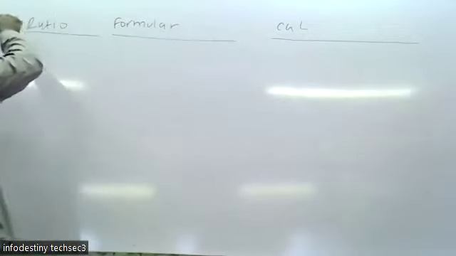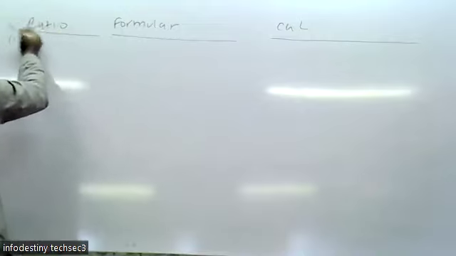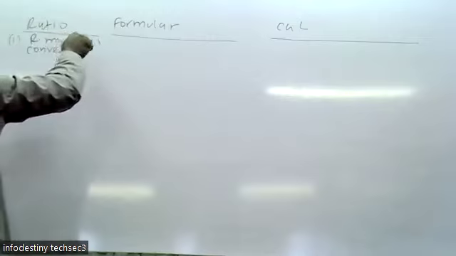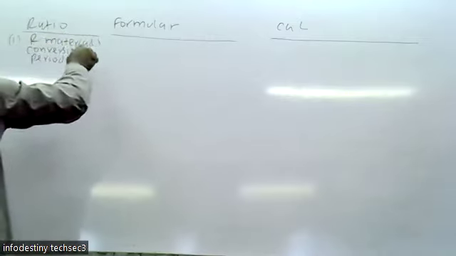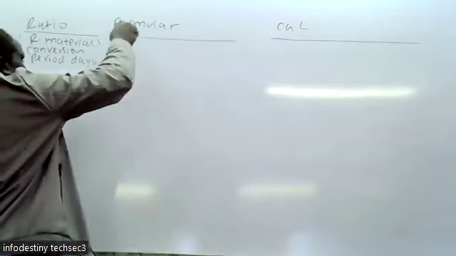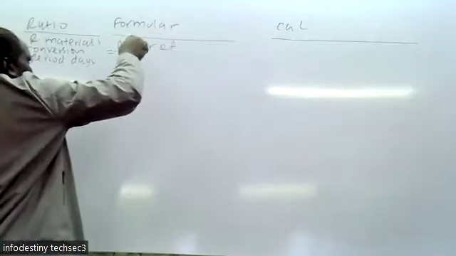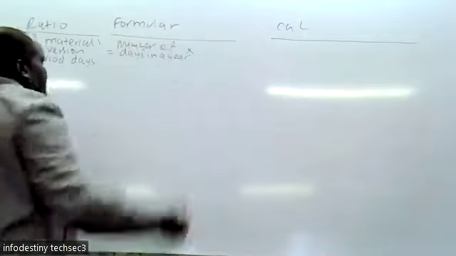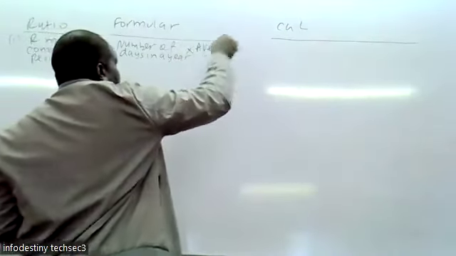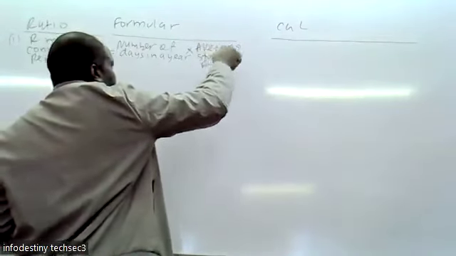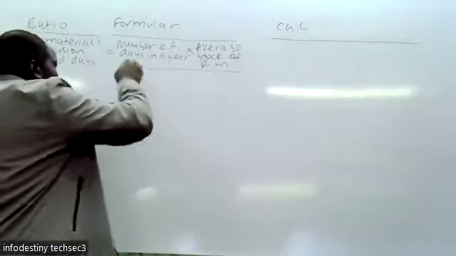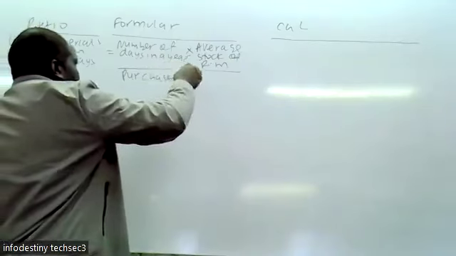Raw materials conversion is given by number of days in a year, multiplied by average stock of the raw materials, then we divide by purchases of the raw materials.